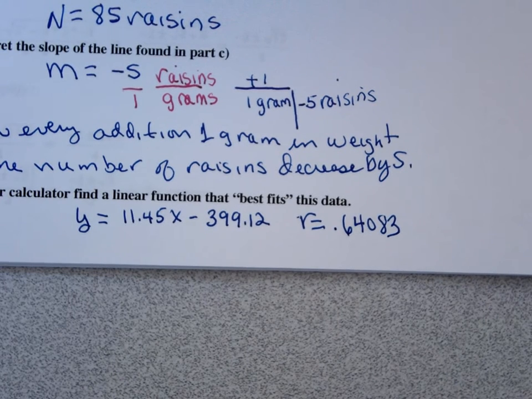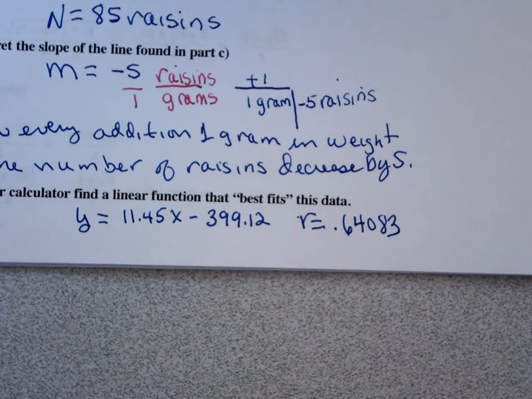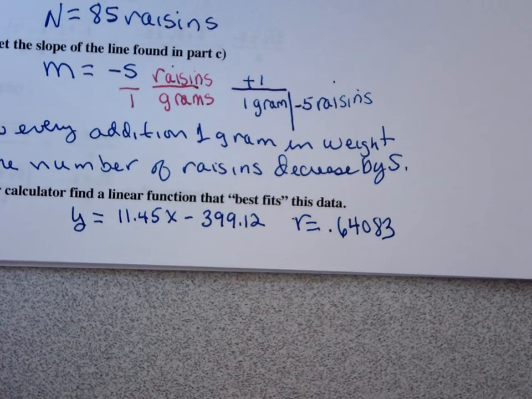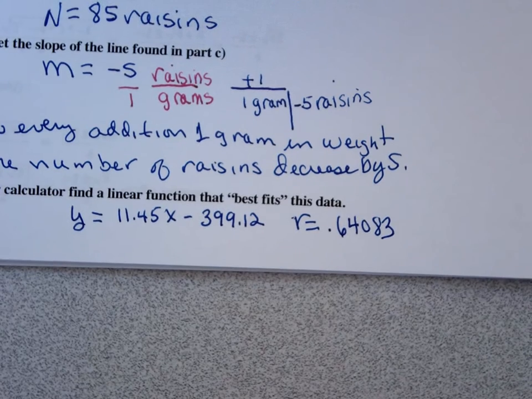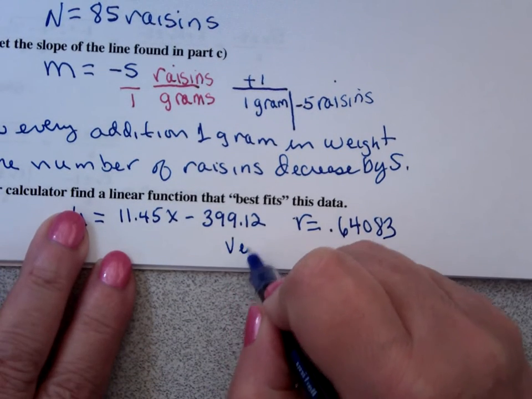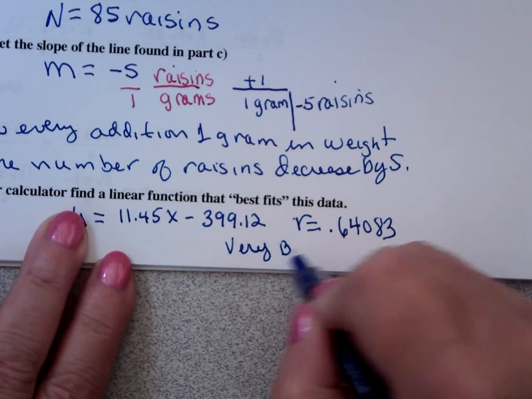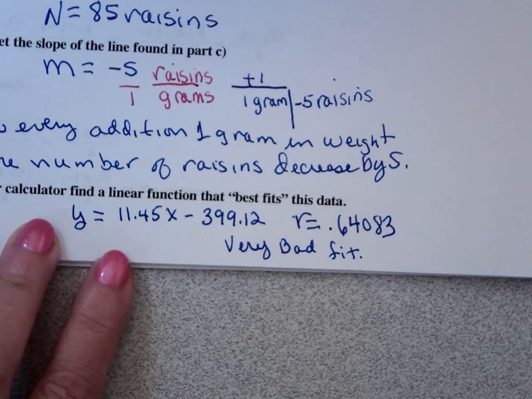No. Not even close. So should this thing not make sense? Yeah, that's right. Basically what it's telling me is that overall a linear function is not the fit for this particular model. It might be a different kind of model. But a linear it's not. So we know that this is a very bad fit, no matter what we do. Very bad fit.